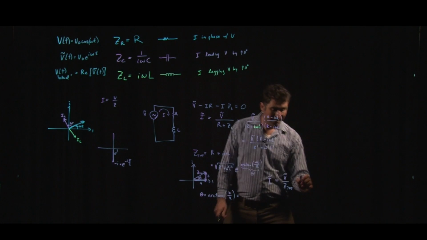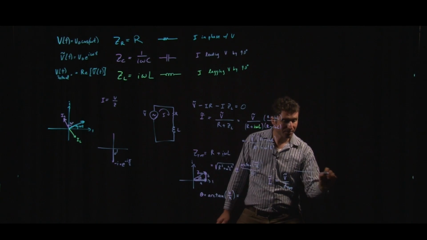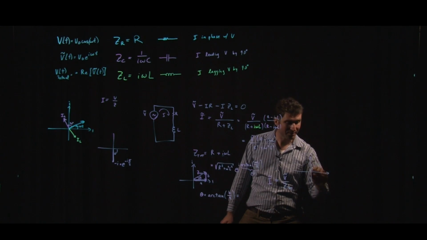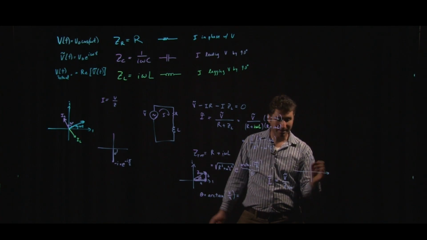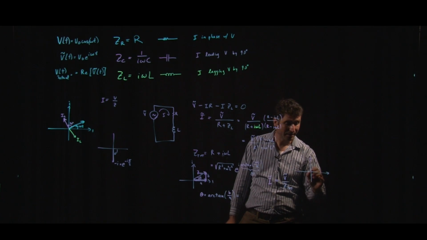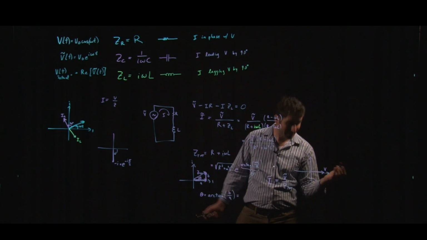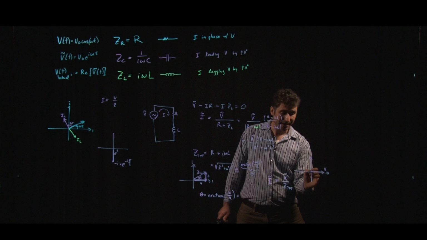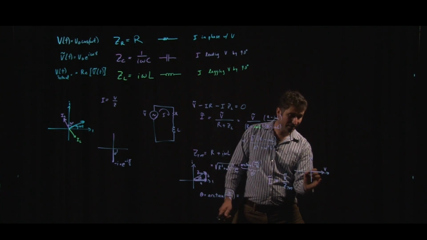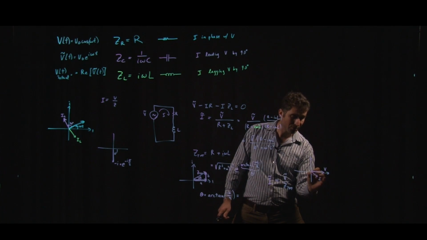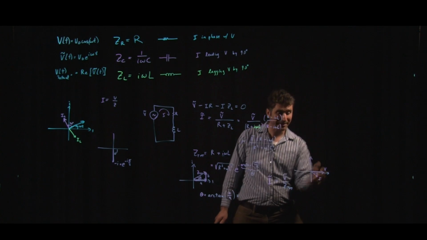So I can then write directly here, and I can visualize this, that if my V were, for example, right here at this moment in time, so here's my V at this particular moment, then I can see that my current should have this same theta, but it should be lagging, right?